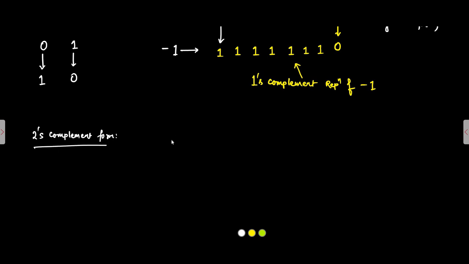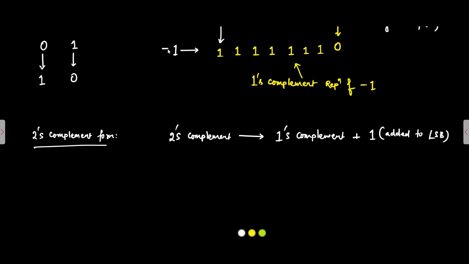The 2s complement is calculated by adding a 1 bit to the LSB of the 1s complement. So here for -1 we calculated the 1s complement, which is 1 1 1 1 1 1 1 and 0. Seven ones, 1 2 3 4 5 6 7, and 1 0.